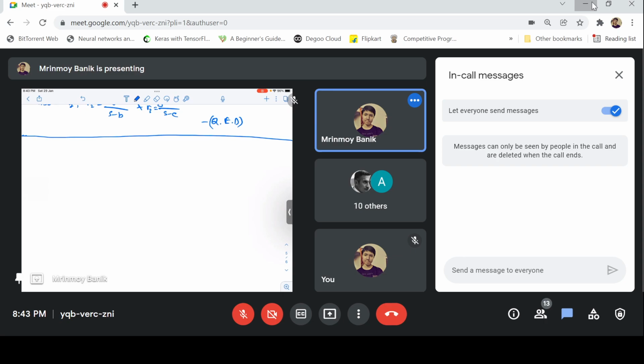If you consider this is the median, B is the midpoint, then this should be the same as the Apollonius one. So it's PA square plus PC square equals twice of PB squared plus AB squared. That's the Apollonius.